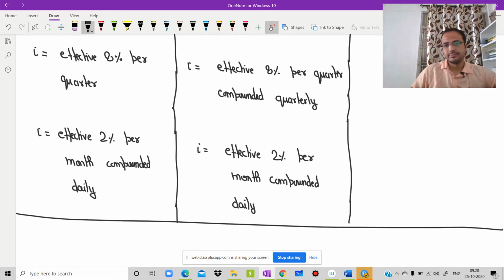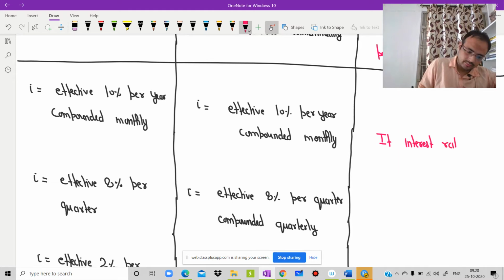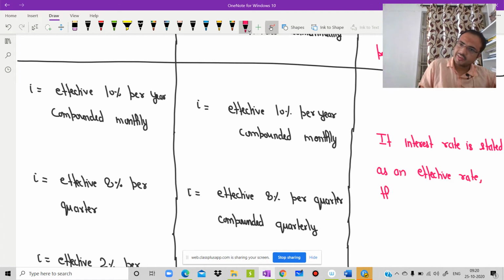From here we can conclude, if the interest rate is stated as an effective rate, then it is an effective interest rate.